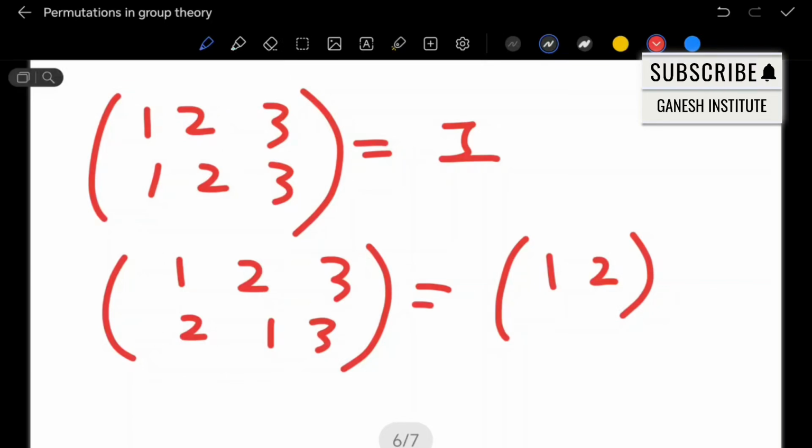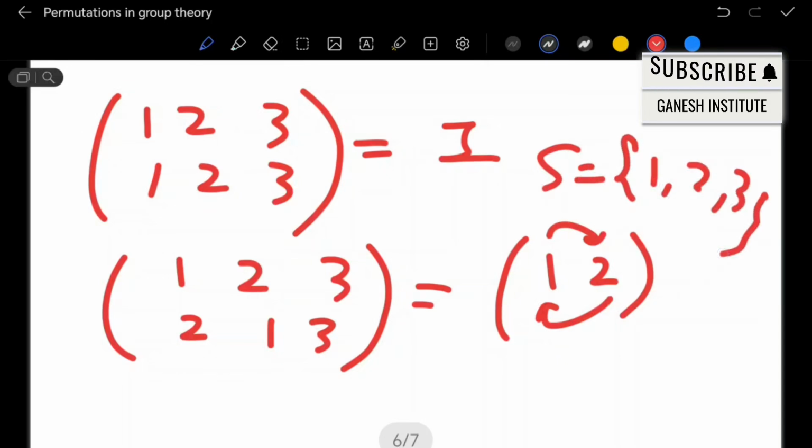That means 1 is mapped with 2 and 2 is mapped with 1. If you know the number of elements and what they are, then if the third element is not given, it means it is mapped to itself only.